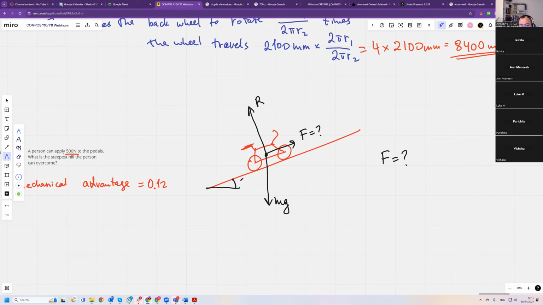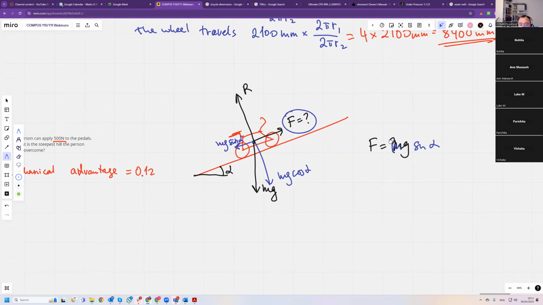F has to be mg sine alpha, because if you split mg into components, this is going to be mg cos alpha, and this is going to be mg sine alpha. So the force that you need to move up is going to be mg sine alpha.